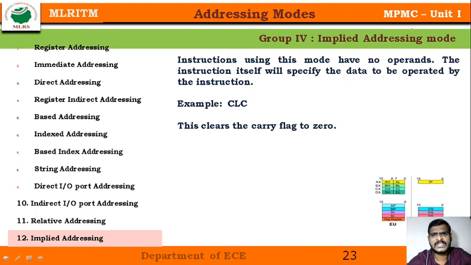The instruction itself specifies the data to be operated on. For example, CLC means I want to clear the carry flag, and CLZ, I want to clear the zero flag. I am not mentioning any source or destination operands here.